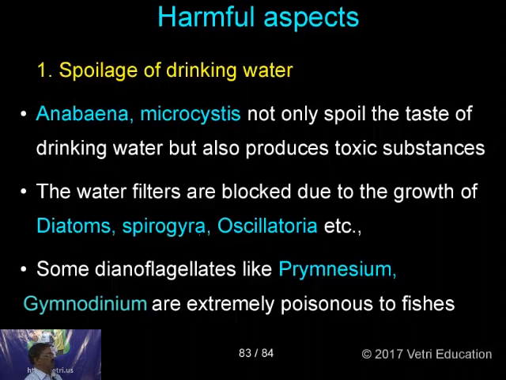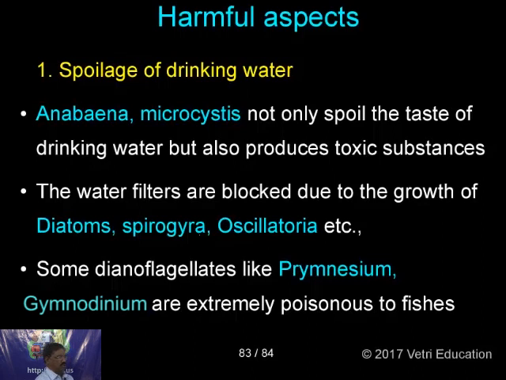Anabaena and Microcystis not only spoil the taste of the drinking water but also produce toxic substances which are dangerous to humans as well as the animals which consume that water.